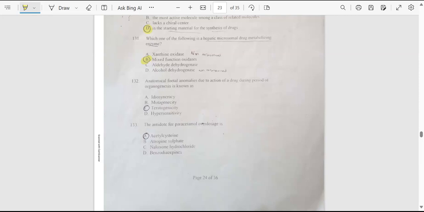And then aldehyde dehydrogenase. Aldehyde dehydrogenase catalyzes the oxidation of aldehydes, and it is essential in the metabolism of alcohol.